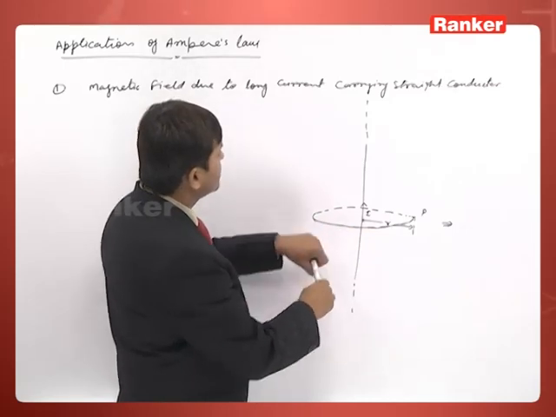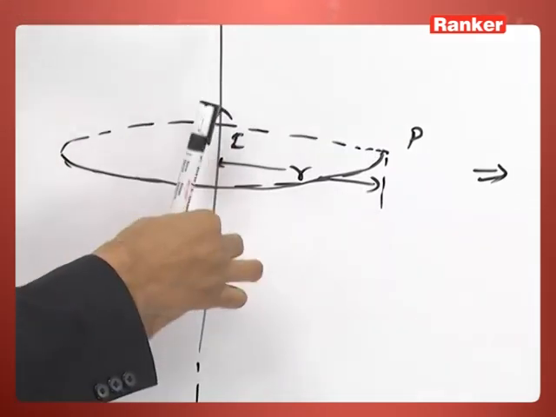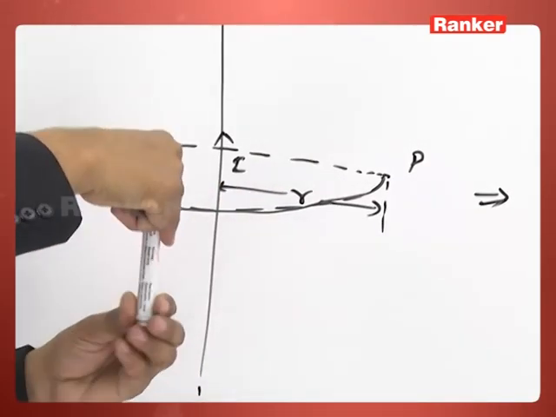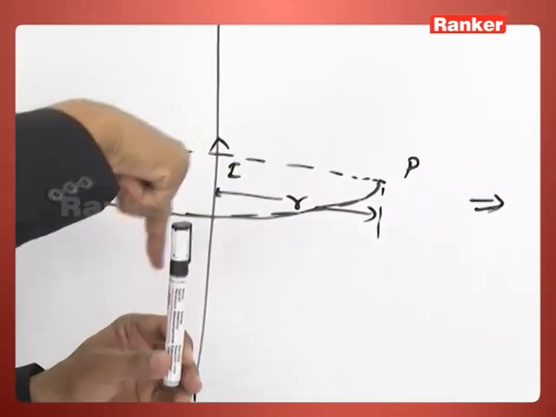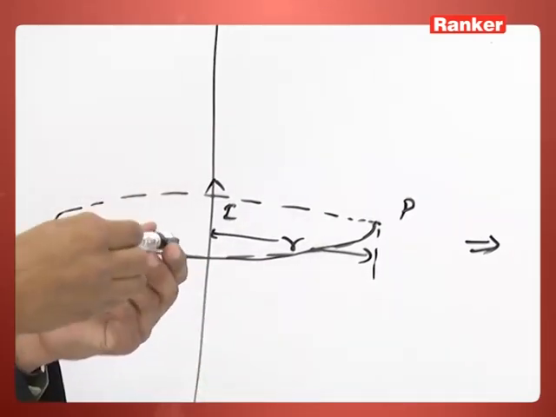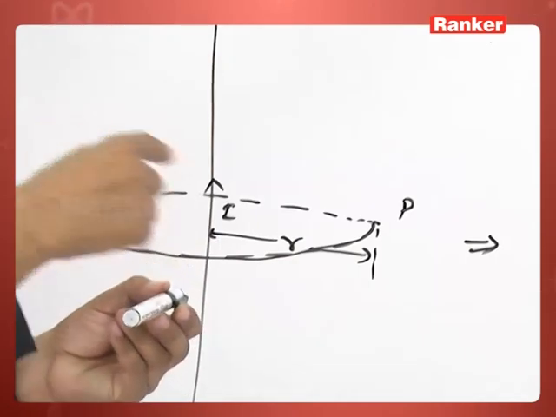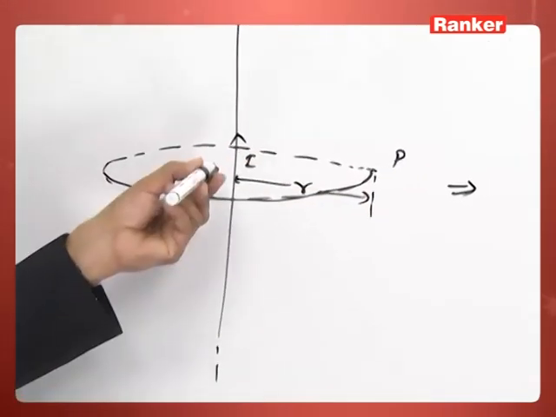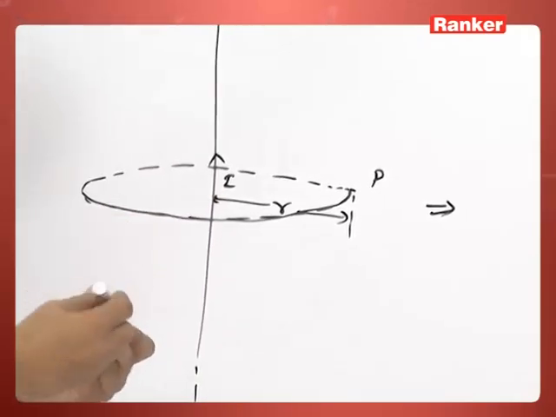If we want to see another diagram in another plane, I am rotating the plane. Right now the conductor is like this and the loop is like this. If I rotate the plane perpendicular, then the conductor will be this and the loop will be this. So the current is into the plane.